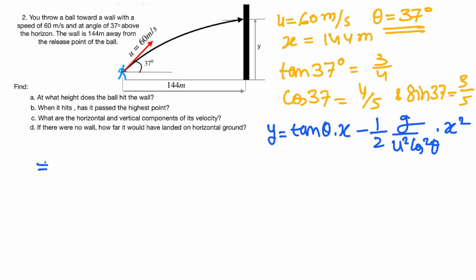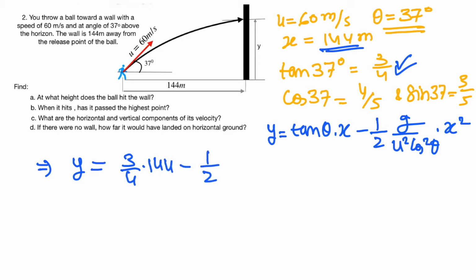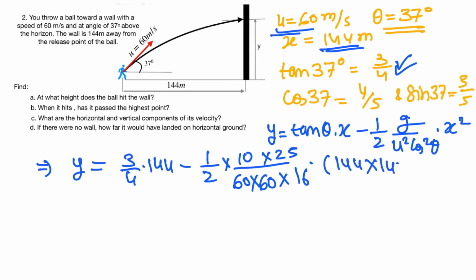So by putting in the values, we can get the value of y, which is equal to tan theta, here tan 37, which is 3 by 4, so 3 by 4, x here is 144 meter till the wall, so 144 minus half, and the value of g we are taking as 10 meter per second square, so it's 10 divided by u square, u is 60 so 60 into 60, and cos square theta, here cos 37 is 4 by 5, so cos square theta is 16 divided by 25, x square is 144 into 144.